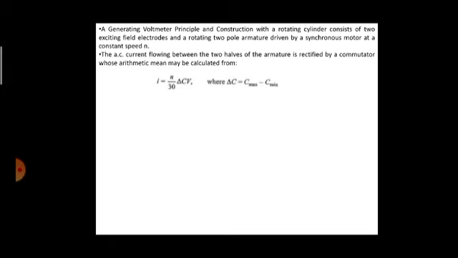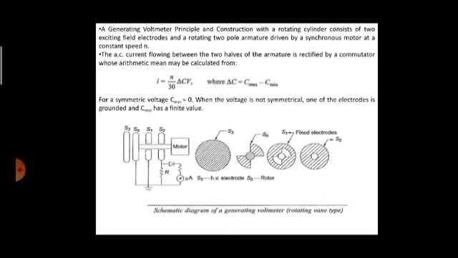The rotating cylinder consists of two exciting field electrodes and a rotating two-pole armature driven by a synchronous motor at a constant speed n.